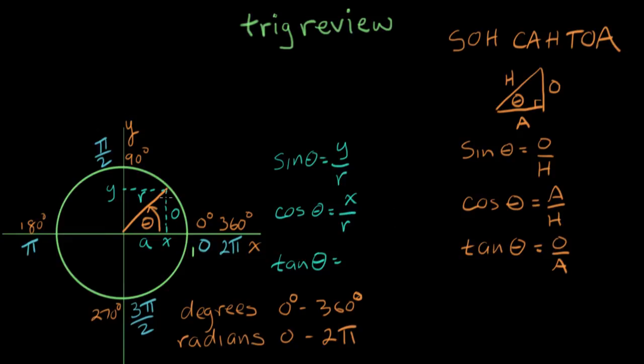So it's the y distance over x, the adjacent. Now, one thing to notice about tangent: y over x is the rise divided by the run, going from this point up to this point. So that is the slope. The idea of slope and the idea of tangent are really closely related.